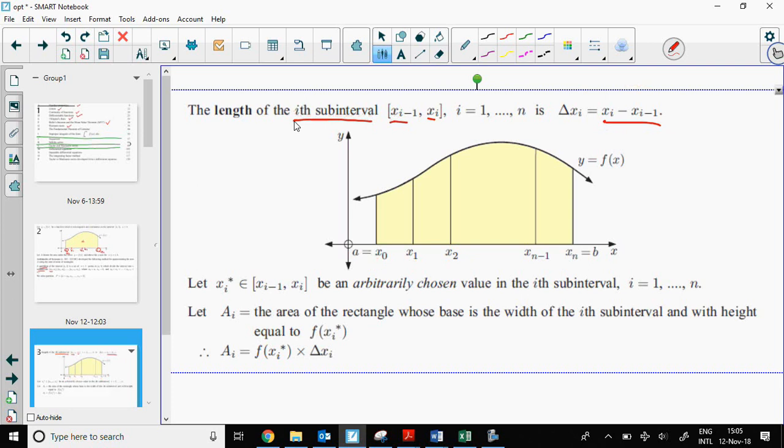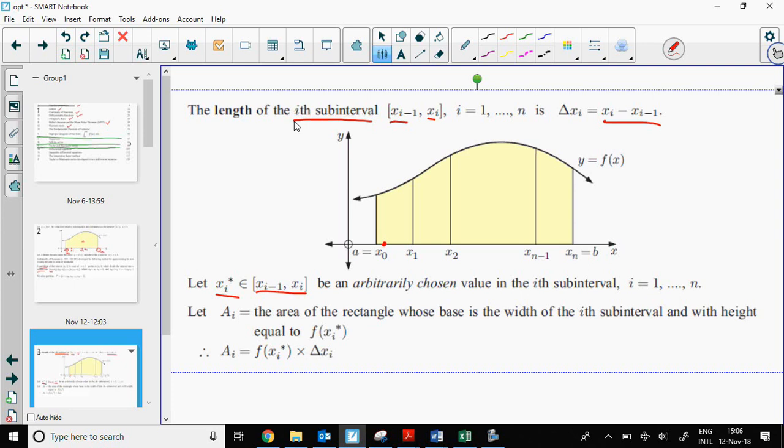We're then going to take any particular x value within a subinterval, and we're denoting that as x sub i star. So that's in the ith subinterval. It's arbitrarily chosen. It could be any value in the subinterval. And then we're going to make a rectangle. Let's say we were in here. Let's choose that point as my x sub 1 star, because that's in the first subinterval.